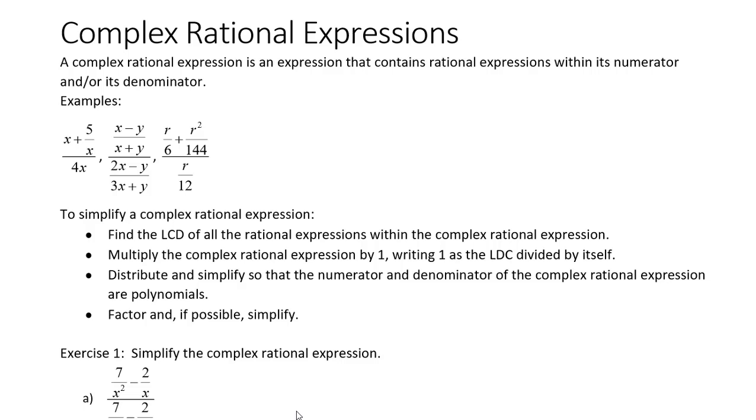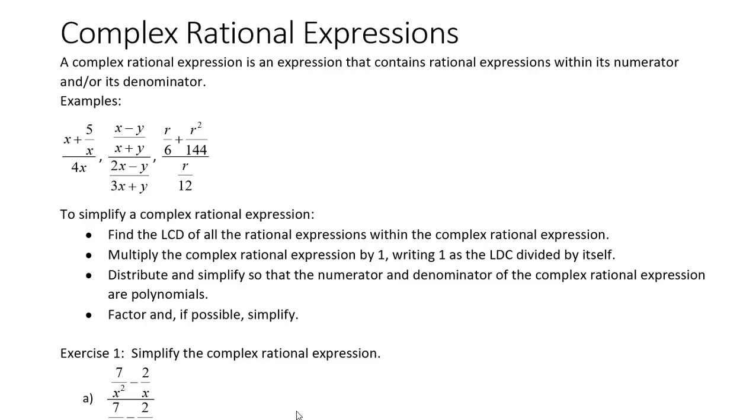A fraction in the numerator, x minus y over x plus y, divided by 2x minus y over 3x plus y. And then another one would be like r over 6 plus r squared over 144 in the numerator. And then in the denominator, r over 12.